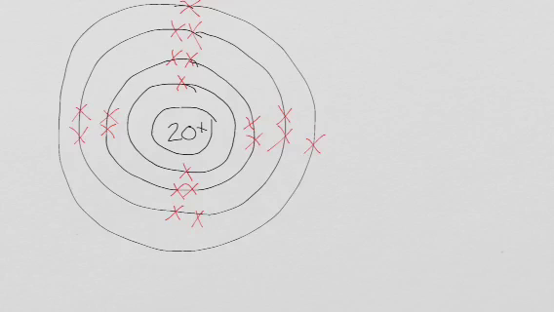I know it. Okay, so what I'm saying here is in the outermost shell of your atom, whatever atom you're doing, the number of electrons in the outermost shell will always equal the group number that element is in. I will write this down on the screen in a moment.